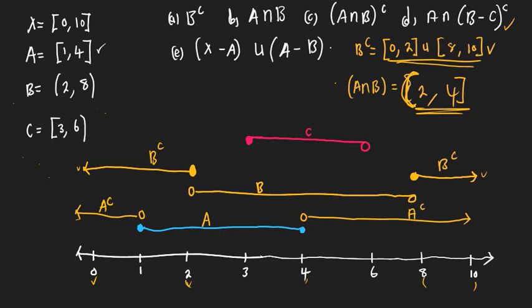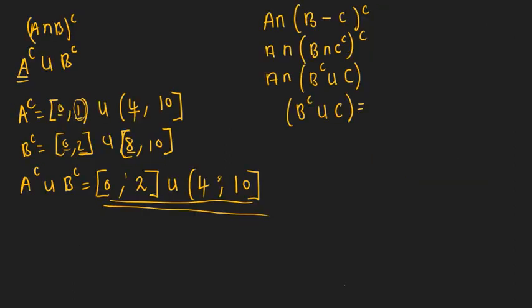I'm going to get my B complement here up to here. In fact, let me just get B complement. I don't even need to waste time. B complement was a set coming from 0 up to 2 included, union 8 to 10 included.